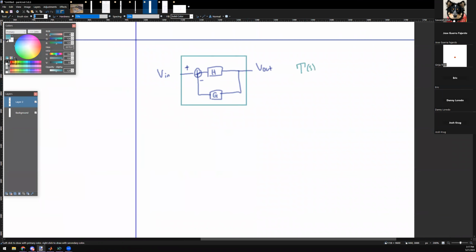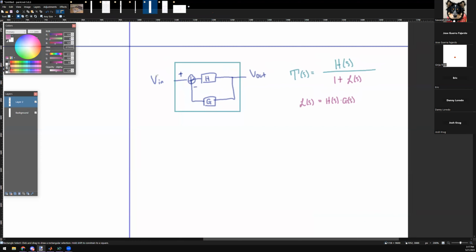The total transfer function is H of s divided by 1 plus loop gain of s, and the loop gain is defined to be everything inside this loop. In this case, L of s is equal to H times G. I remember that from last semester. Yeah.